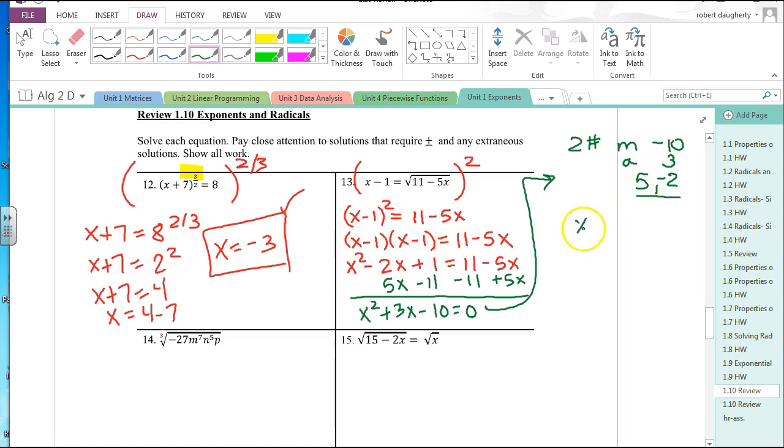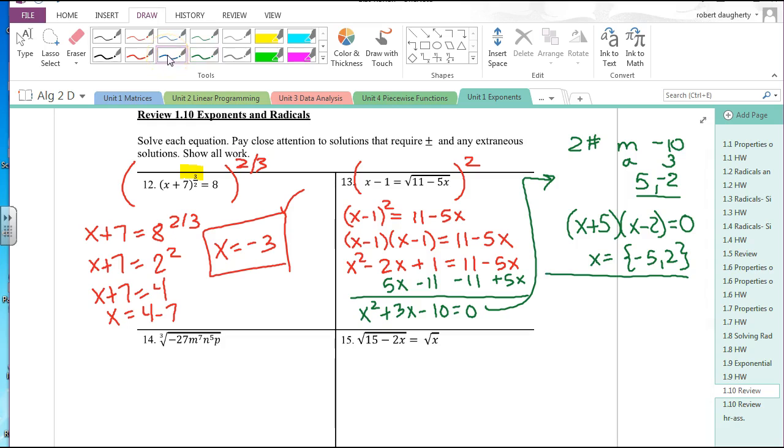So that means this is x plus 5, x minus 2 equals 0. Therefore, x is equal to -5 and +2. You must check both of these answers, okay? So let's check -5.